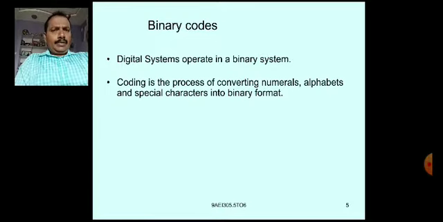So because the digital systems understand binary language and we understand our natural languages, decimal numbers, alphabets and special characters, which is the known information for us, it is our language, but the machine language is different.